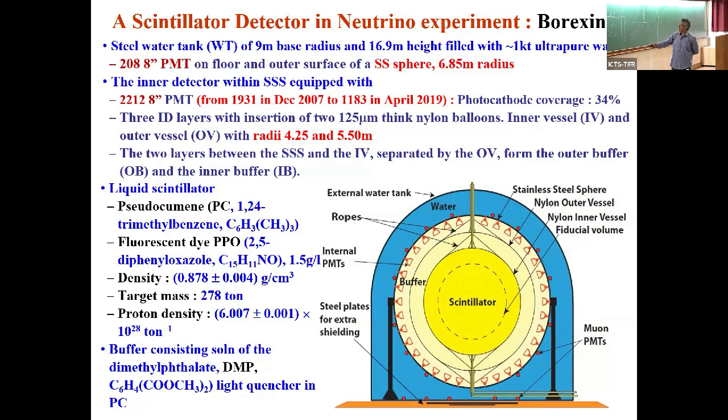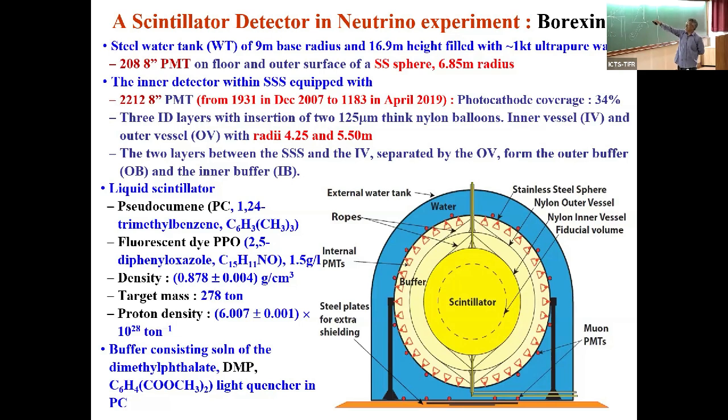These are the photomultipliers here which will detect the signals. And the inner detector within the stainless steel sphere is equipped with roughly 2,212 photomultipliers. Photocathode coverage is 34%.